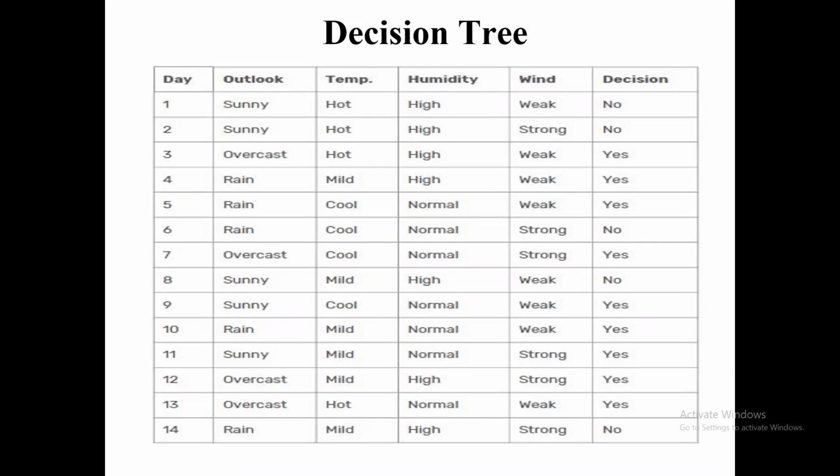So for example, first of all, we can find out the information gain on decision if we split on outlook. Next, we'll have to find out information gain on decision if we split on temperature, and so on. And the highest value that we get will be chosen as the attribute to split on in the root node.